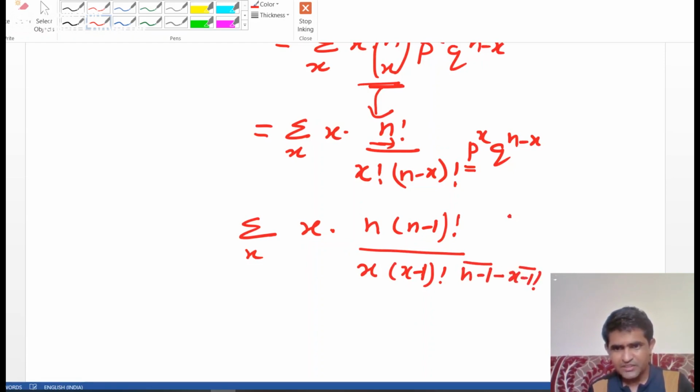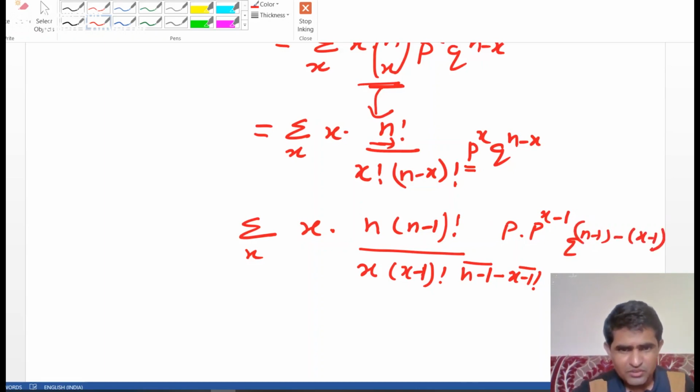Here we write p into p to the power x minus 1. If you put p here, we can write q to the power n minus 1 minus x minus 1.